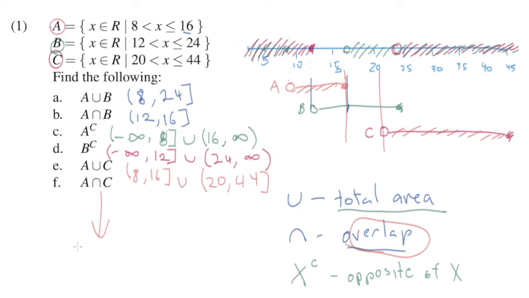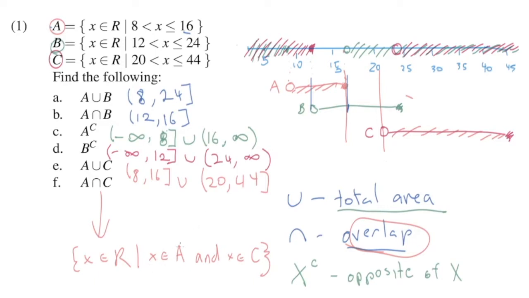It's the set of real numbers that are in A and in C. But how could a real number be in A and in C? Because A is between 8 and 16, and C is between 20 and 44. So there's no real number which could be simultaneously in both sets.